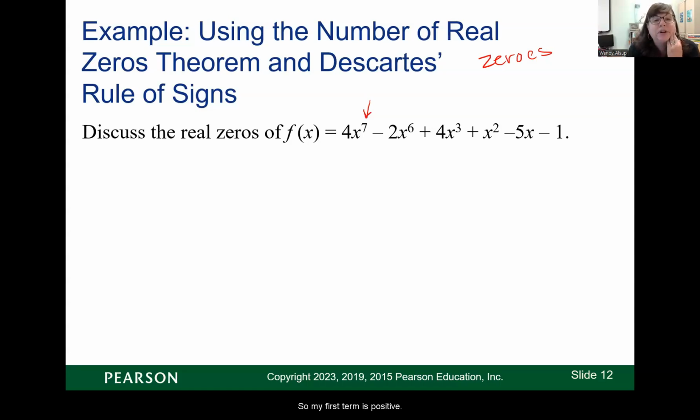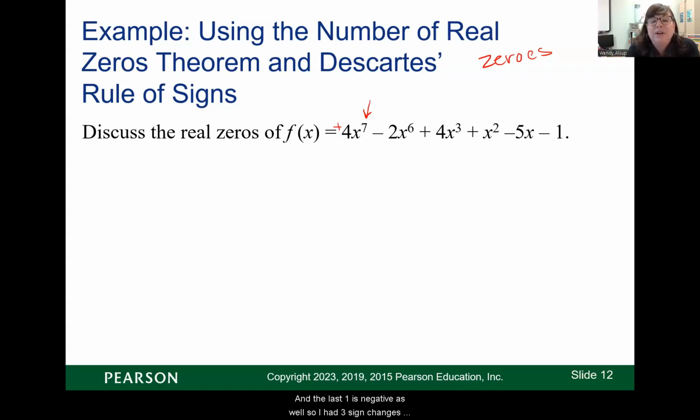So my first term is positive 4x to the 7. My second term is negative. So I have one sign change from positive to negative. The next term down is positive. So that's 2 sign changes. The next term down is still positive. The next term down is negative, so that's 3 sign changes.